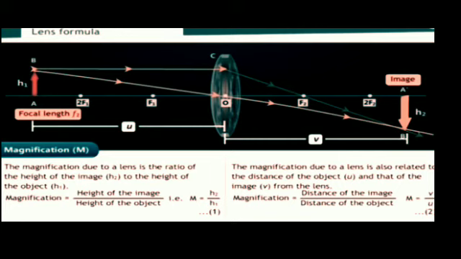The magnification due to a lens is also related to the distance of the object u and the image v from the lens. Therefore, the magnification is equal to distance of the image divided by distance of the object. That is, m = v/u.